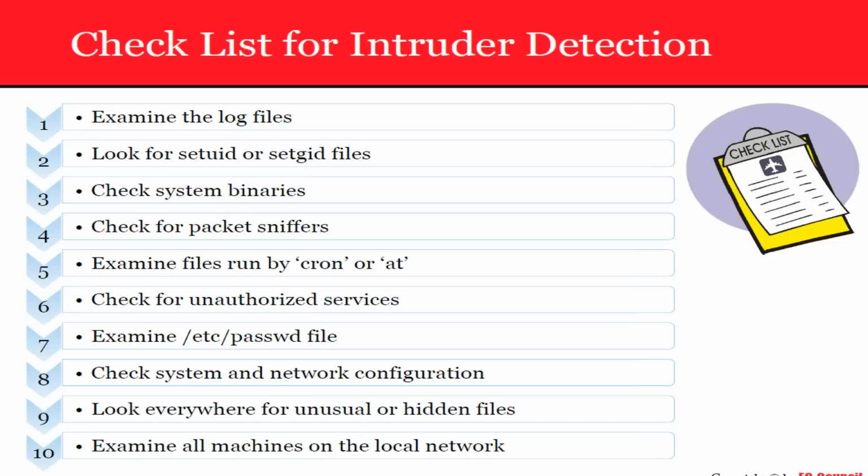You should examine files like the etc passwd file. You should check the system and the network configuration. You should look everywhere for unusual or hidden files such as rootkits. You should examine all machines on the local network, especially critical machines.